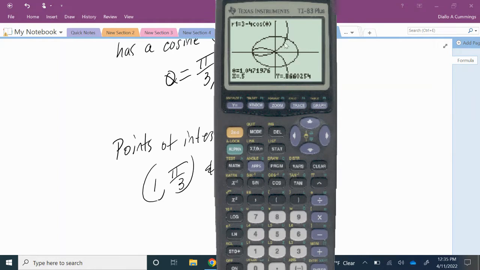If I look at this intersection point, I have 0.5, and I have my y as 0.8660245. I believe this should be pi over 3.